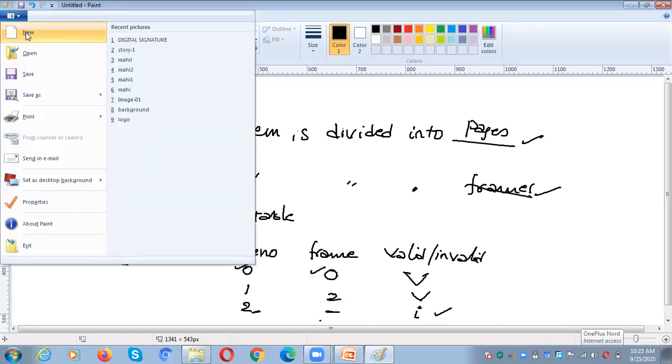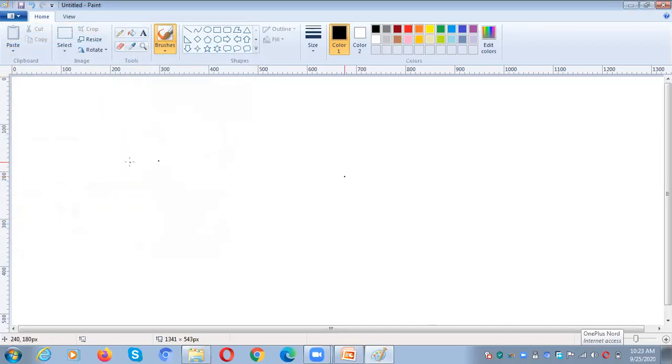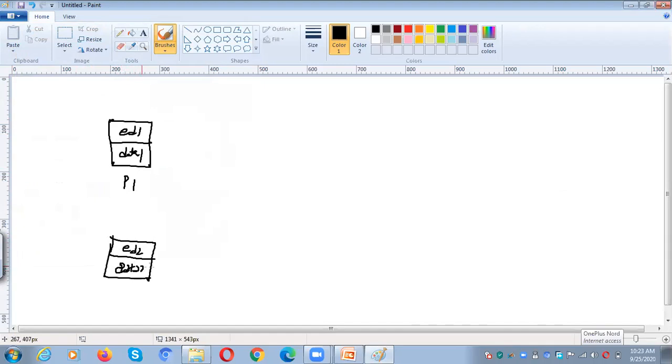And next, what is a shared code? For example, this is process 1. It is a shared code ED1 and it is data 1. This is P1. This is ED1 and this is data 2.